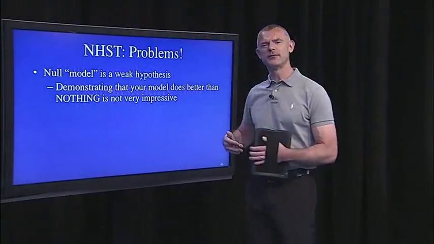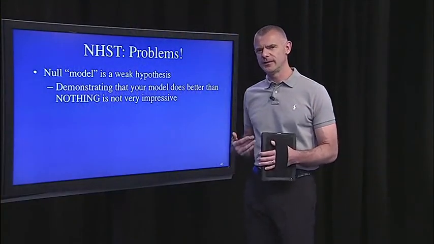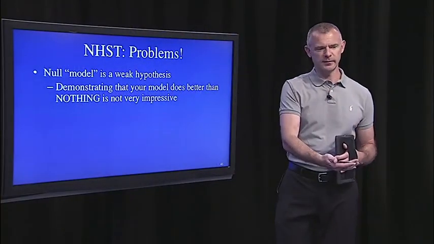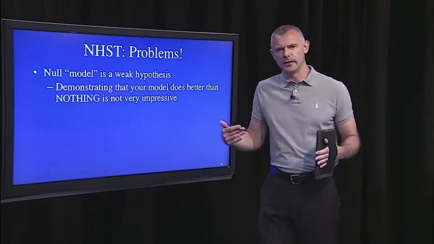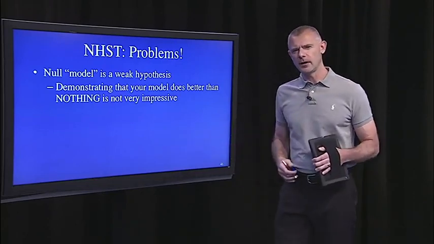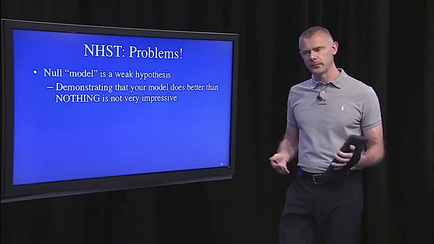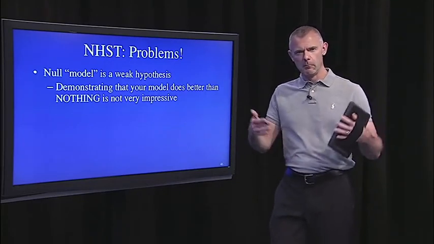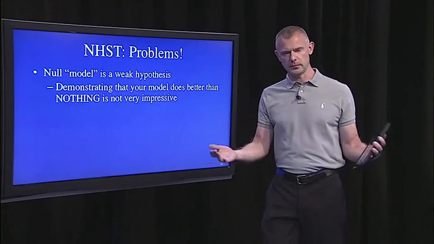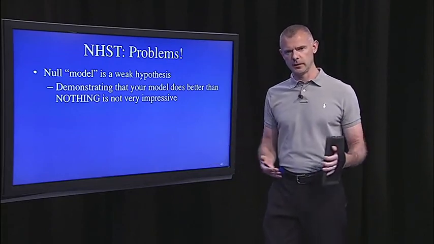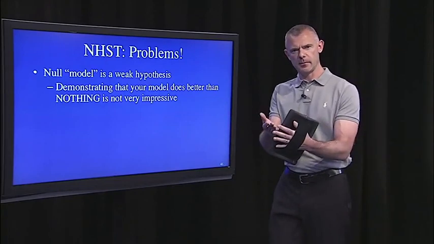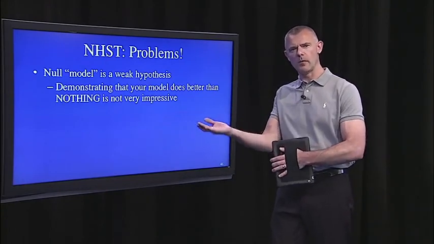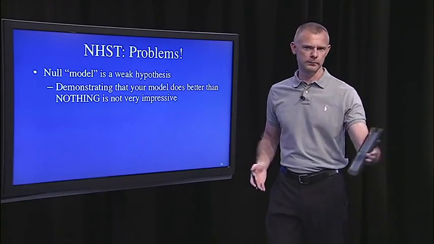So if all you've demonstrated in your research is that your theory predicts something, and that's better than predicting nothing, that's not a very compelling story. So a better approach would be to have multiple models, multiple regression models, and test them against each other rather than one model versus the null.